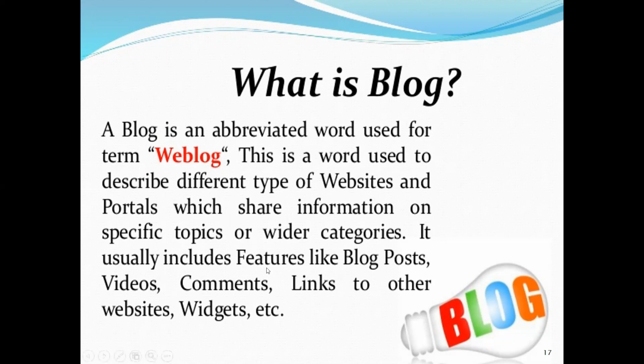Now, what are the different categories in it? It can be a blog post, it can be related to videos which people upload and different people comment on. There will be even different links provided on the blog to get a wider knowledge about it. There will be different websites or widgets, etc., which are present in a blog.